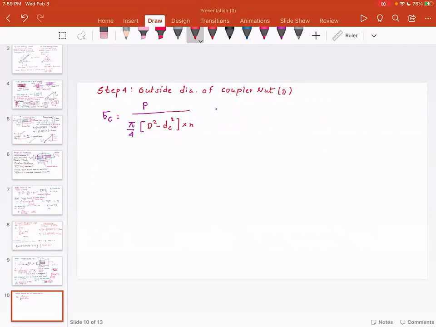And please note, many a times the coupler crushing strength would be same as the crushing strength of the rod, or this could be different. So this crushing strength depends upon coupler material.